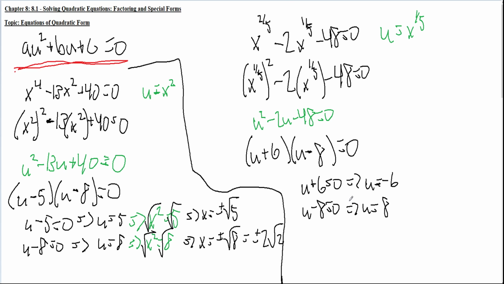And then to solve for this, u is really equal to x raised to the 1/5 power, or you could say the 5th root of x, right? So we substitute that back in for both of these.